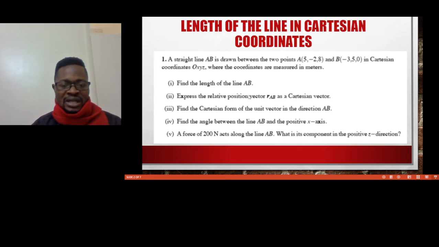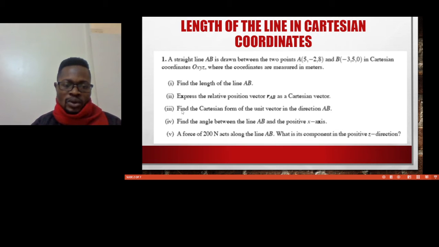You can see this is the relative position vector, which is more applicable when we do vector analysis. The relative position vector is represented by R of these 2 points, so you have RAB, with subscript AB, as a Cartesian vector.